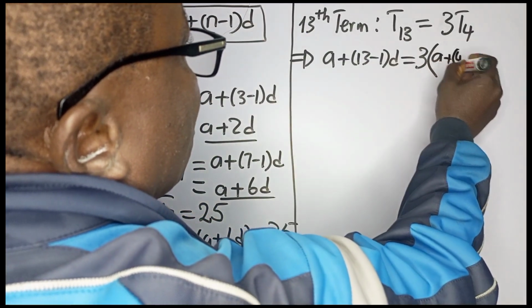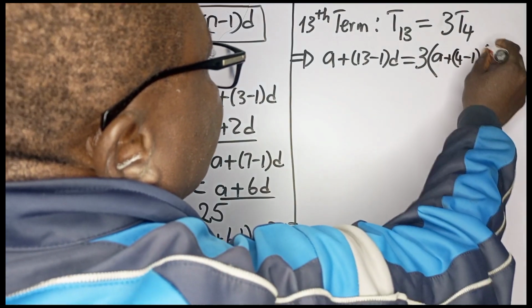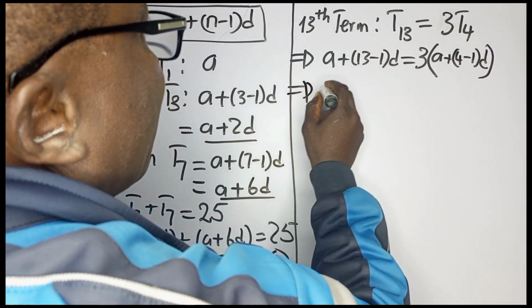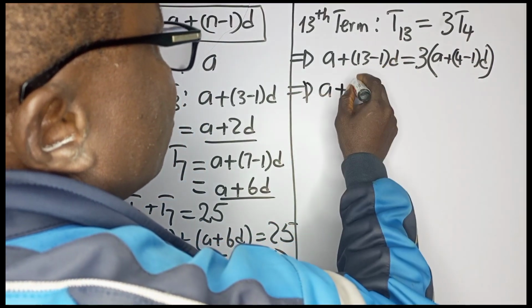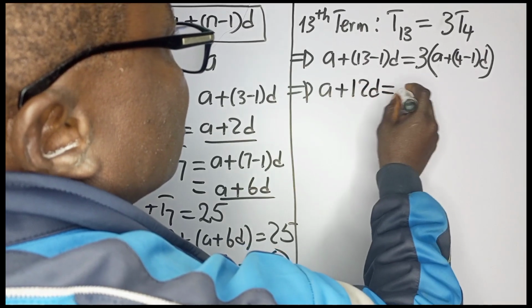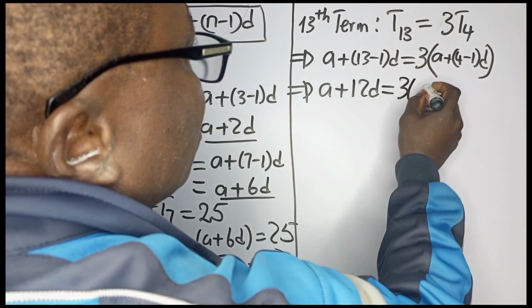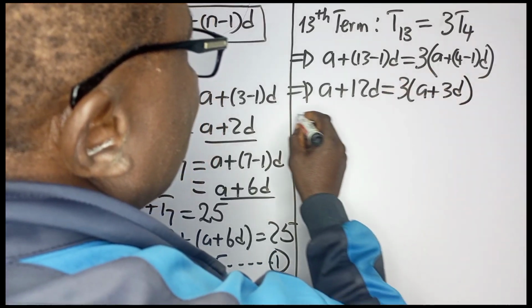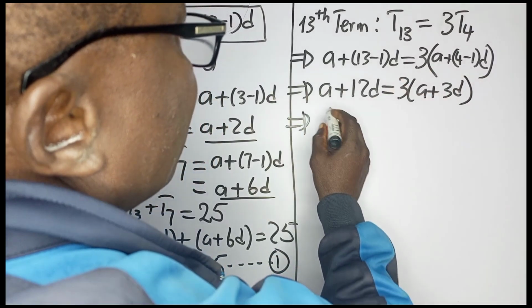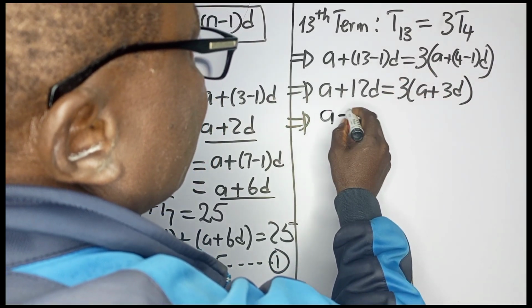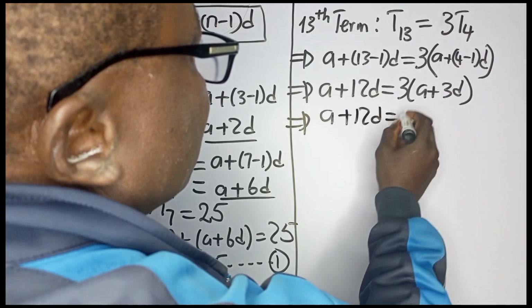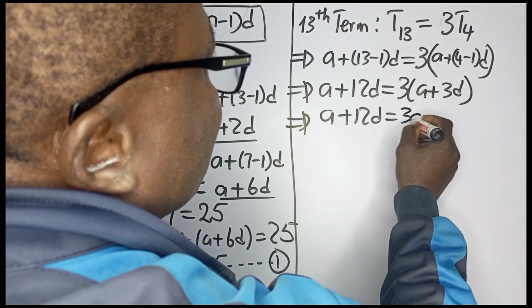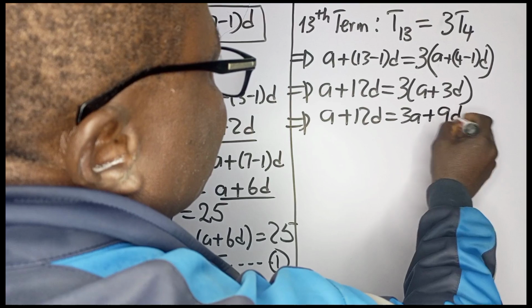So we have A plus 13 minus 1, which is 12D, is equal to 3 into (A plus 4 minus 1, which is 3D). So we have A plus 12D is equal to, opening this parenthesis, 3A plus 9D.